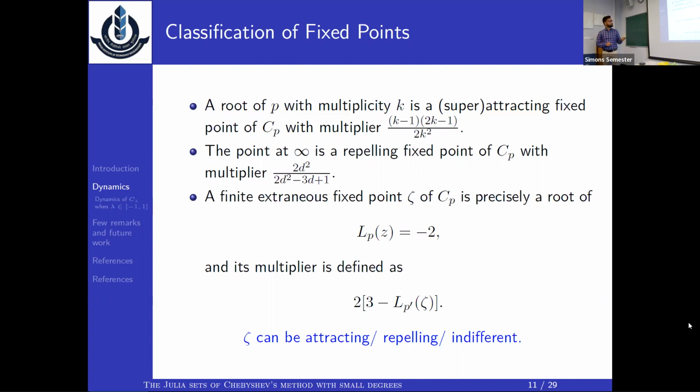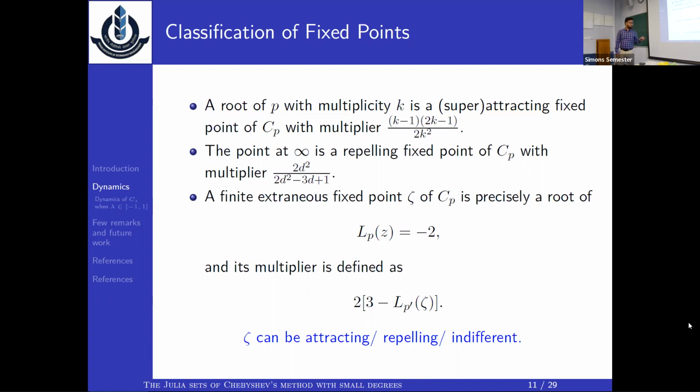These are precisely the solutions of LP(z) equal to -2, and their multiplier is defined by this formula: 2 into LP prime(zeta), where zeta is an extraneous fixed point, and LP prime is P prime P triple prime divided by P double prime squared. And the interesting thing is, this extraneous fixed point zeta can be of any kind. It may be attracting, repelling, or indifferent.